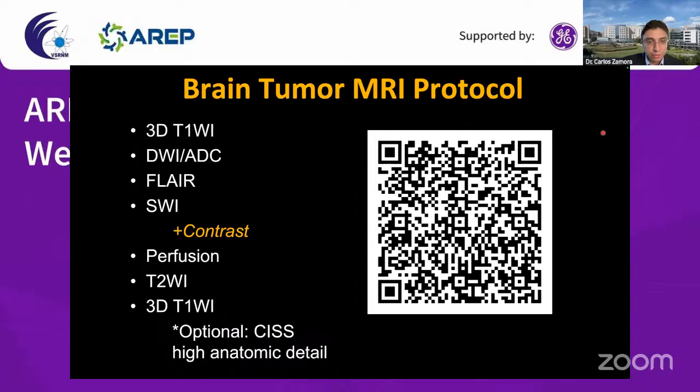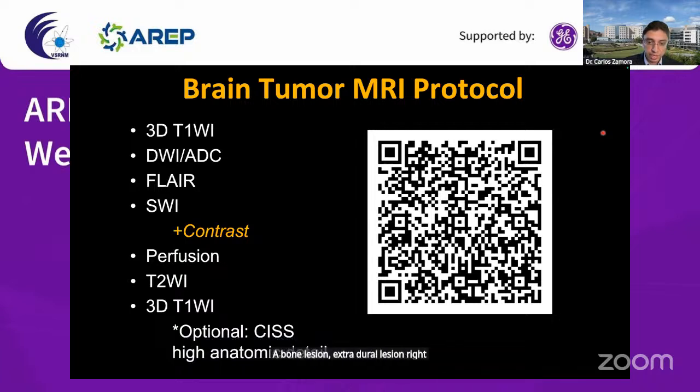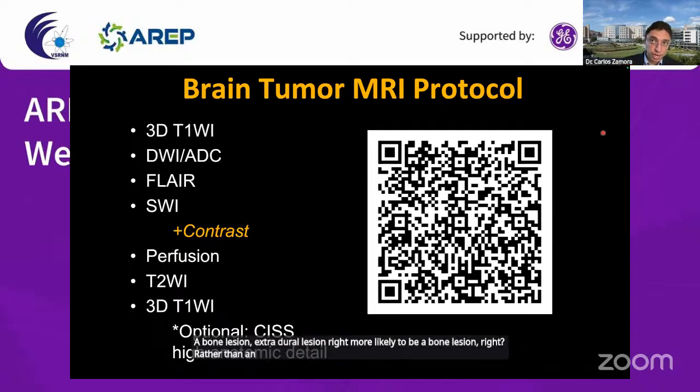Well, I think you have to look at the epicenter of the lesion, right? First of all, solitary fibrous tumor, it's hard to distinguish even from meningioma, right? Some of them might look like just meningiomas. But I think the epicenter of the lesion, is it a bone lesion, an extradural lesion? That's more likely to be a bone lesion, rather than an intracranial dural-based extra-axial lesion that is invading the skull base, the sphenoid wing.